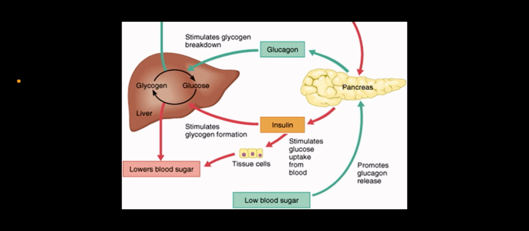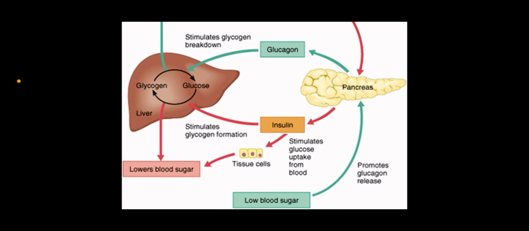As you can see in the diagram, the pancreas produces insulin, but there is no insulin targeting the pancreas. In fact, the high blood sugar that you can see there promotes insulin release, and those are the arrows in red.